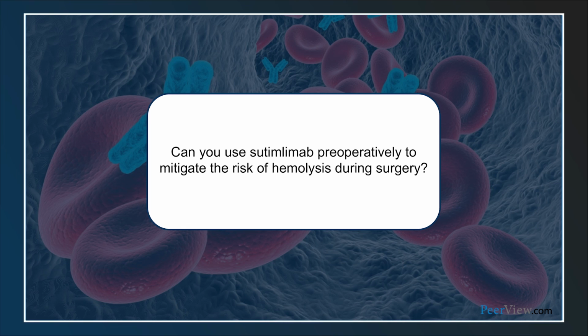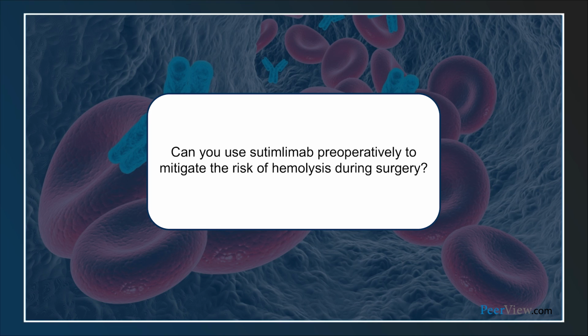And to add, there is another case report that indicates that if sutimlimab is not available, you may also try eculizumab, because if the patient has a severe exacerbation during or after surgery, it is an intravascular hemolysis, and eculizumab may be effective in that case.